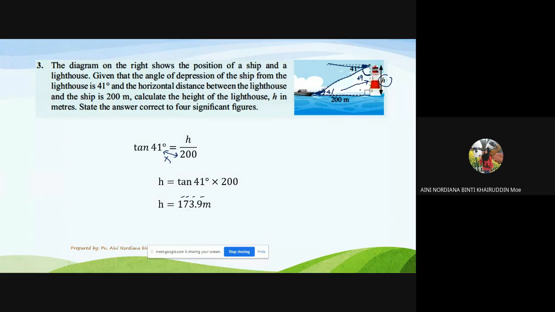Opposite over adjacent, so also tangent: tangent 49 equals 200 over H. Then change the position: H equals 200 over tangent 49. When you use the calculator, it will give the same answer as this. So there are two ways to solve this question.